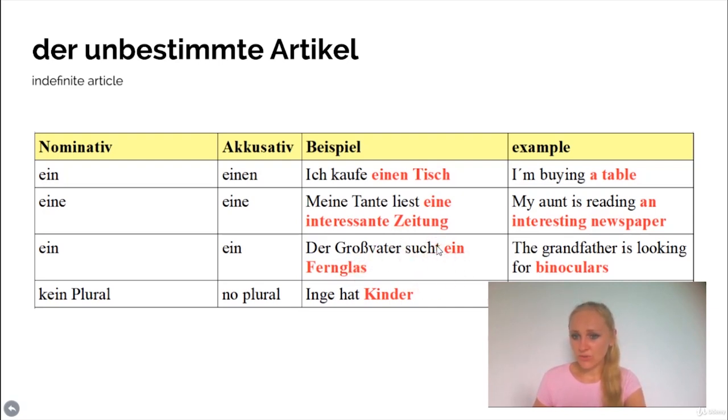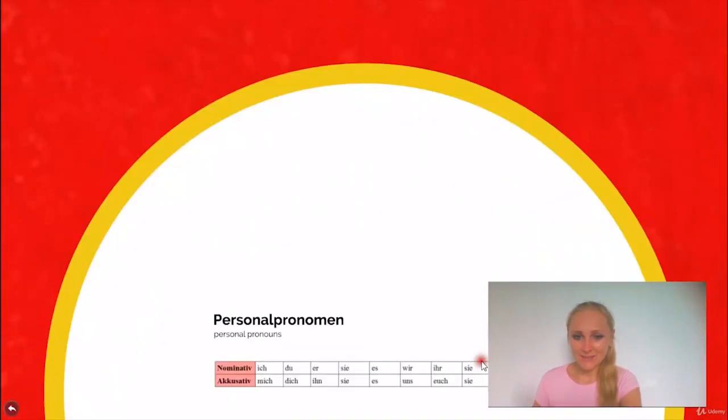Suchen means to look for. Whatever or whoever you're looking for is an accusative object in the sentence. Okay, and then here, "Inge hat Kinder," Inge has children, right? In English, you neither would say Inge has a children. You just say Inge has children. "Inge hat Kinder." Okay, so that was about the indefinite articles, "über die unbestimmten Artikel."